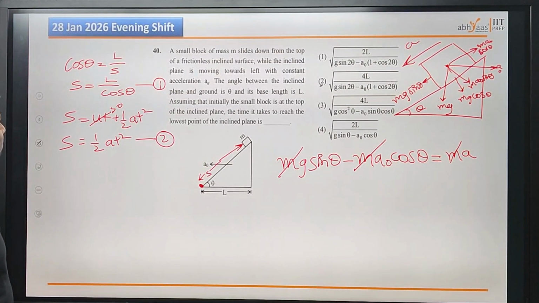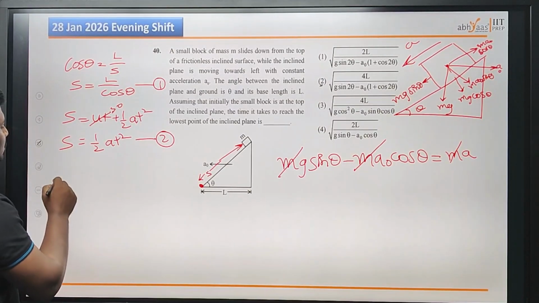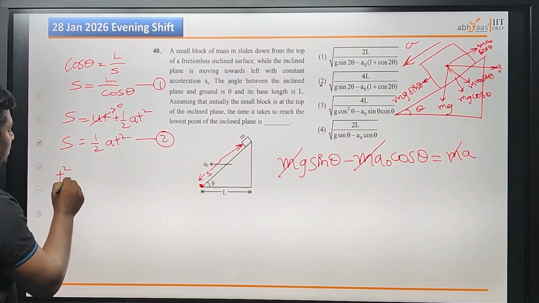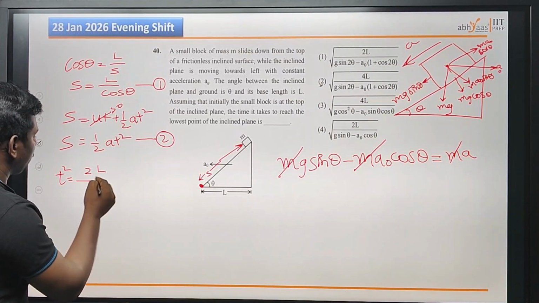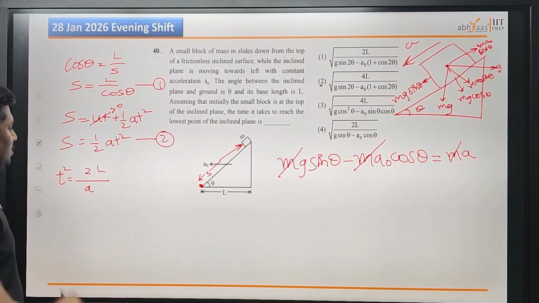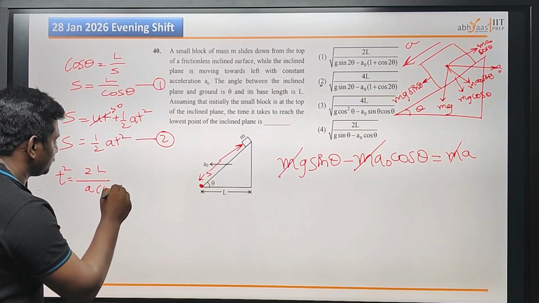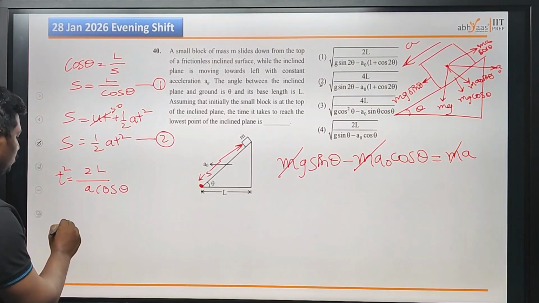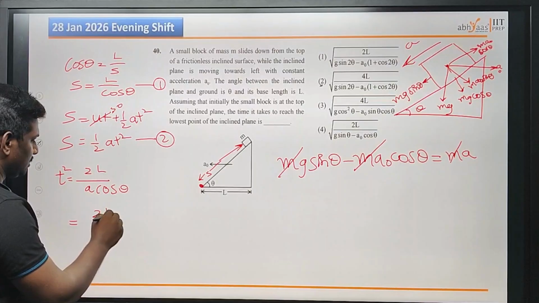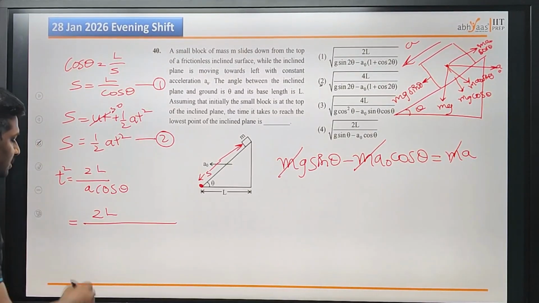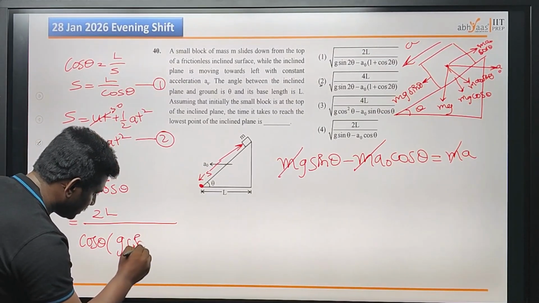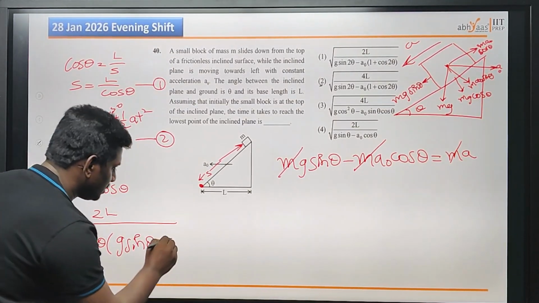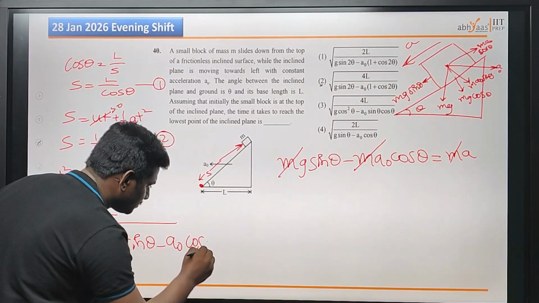See here. Equate these two earlier first. So t square can be written as 2L by acceleration, from this one into cos theta. 2L by what is acceleration? I am writing cos theta by g sin theta minus a naught cos theta.